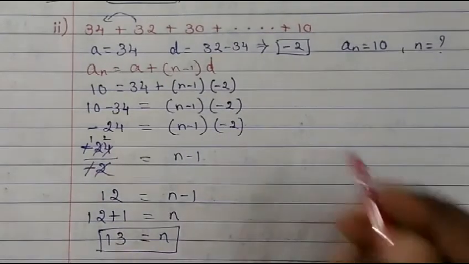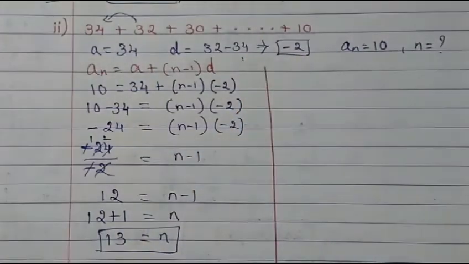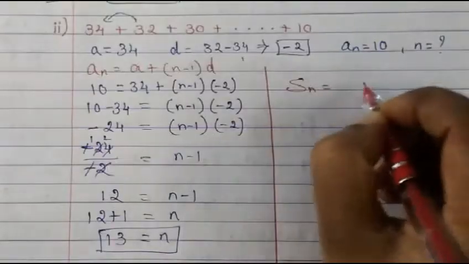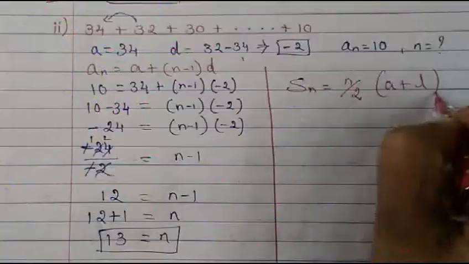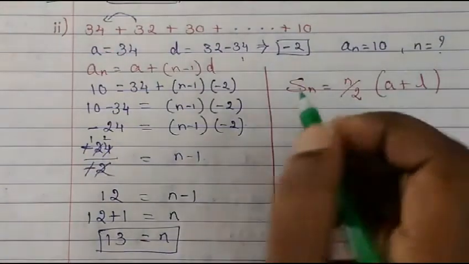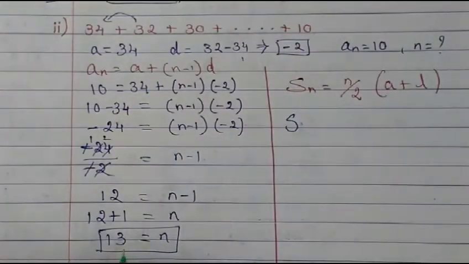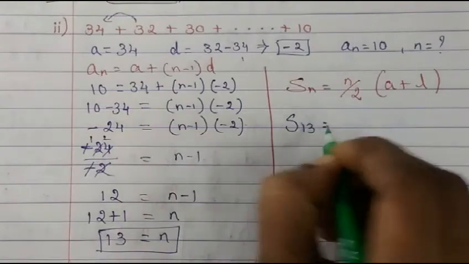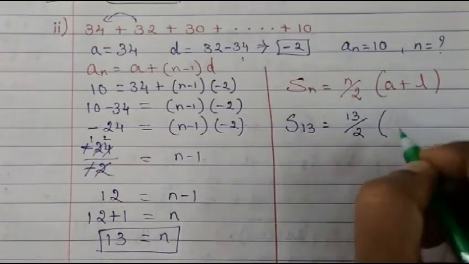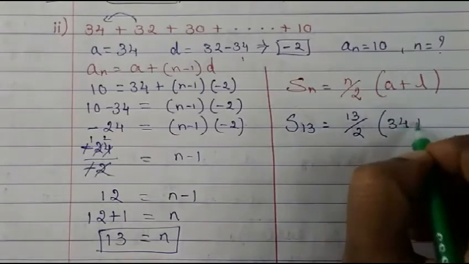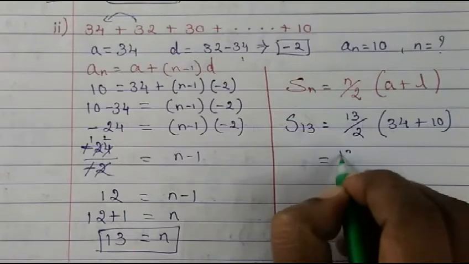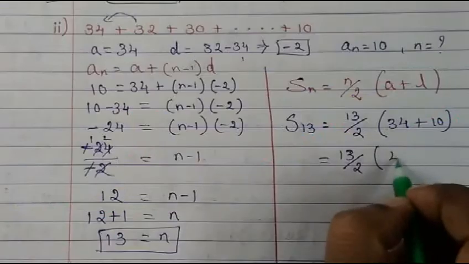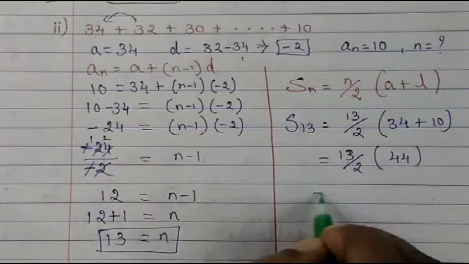So now we know the formula. Once we have the n value, we can use it in the formula, that is Sn equals n upon 2 times a plus l. So the number of terms, the n value we got, is 13. So 13 upon 2, a is 34, and the last term is 10. So 13 upon 2, 34 plus 10 will give us 44.